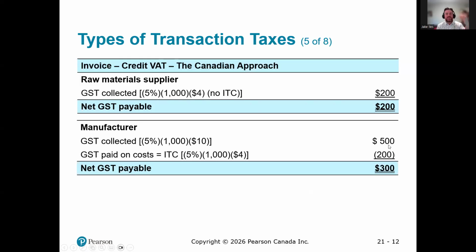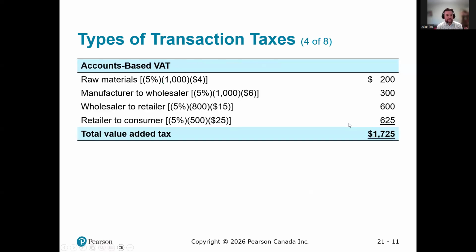And then they get to subtract the sales tax that they paid. Since they paid the raw material supplier $200, they only have to pay the difference, $300. So far, that's the exact same as our prior accounts-based example: 200, 300 for just those value-added changes.